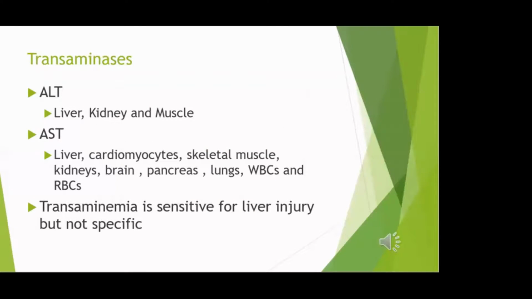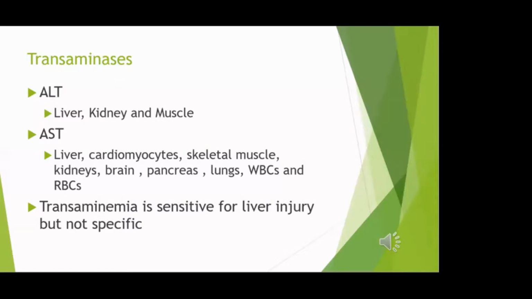These transaminases are not just exclusive to the liver. ALT can be found in the liver, the kidney, and muscles, and AST is usually found in the liver, cardiomyocytes, and other organs. Transaminemia may be sensitive for liver injury, but you have to remember that it's not specific.